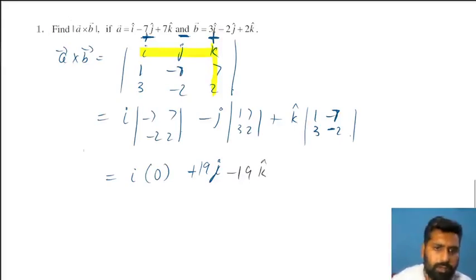Okay, so 19j minus 19k, I component is coming 0. Okay, weird values anyway.